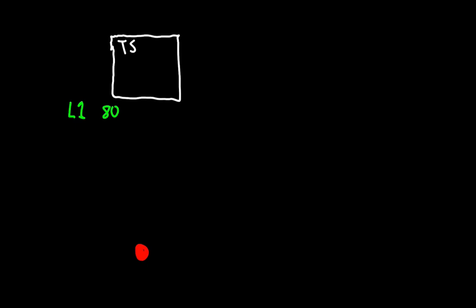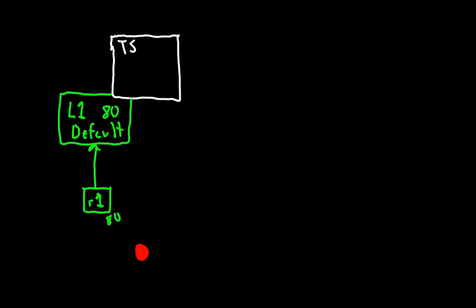And that listener 1 happens to use a default set of indicators for our profile. So whatever is just the default. Well, I can have a redirector out here, redirector 1, that also listens on port 80 and directs traffic to this listener. Make sense?